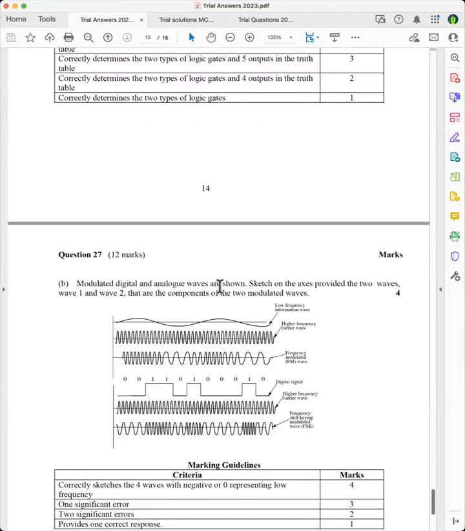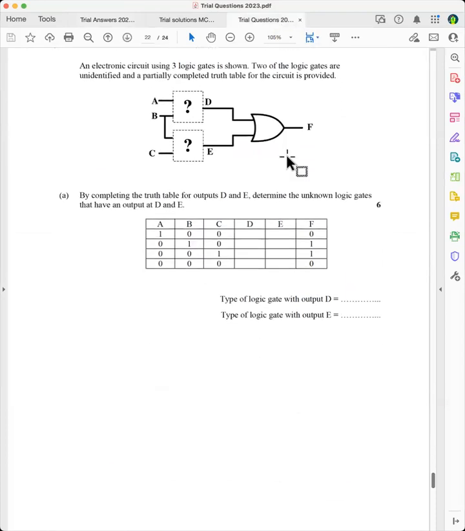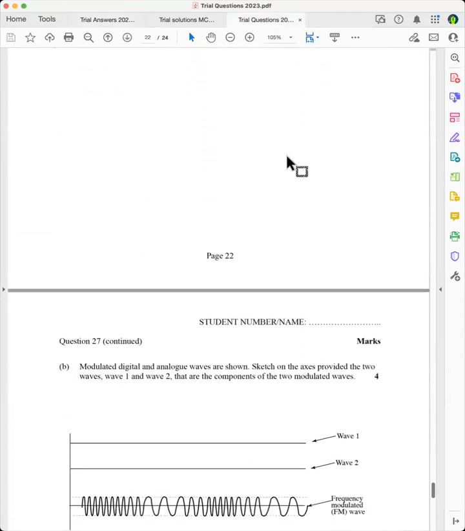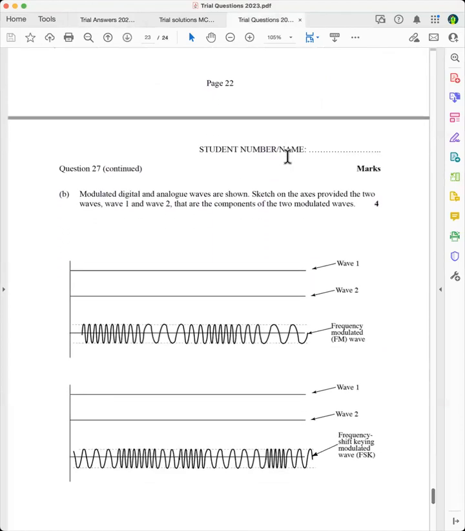Okay, this question, I'll just show you this question. That was the question for the logic gate. And this is the question here. You're asked to do the signal wave, then you're asked to do the carrier wave, and for both of these situations.